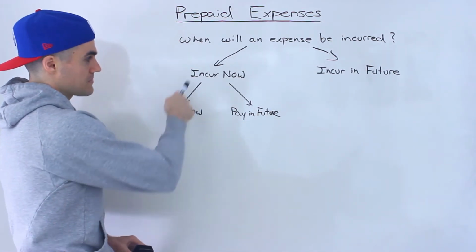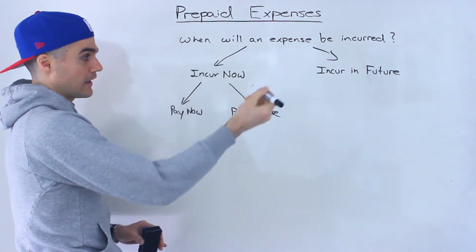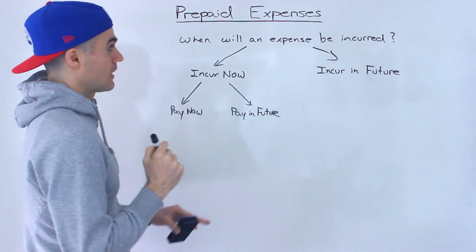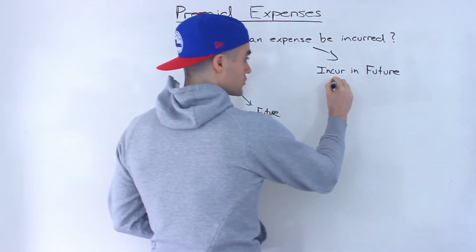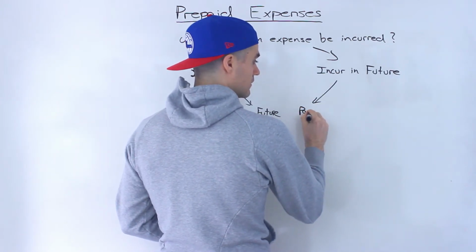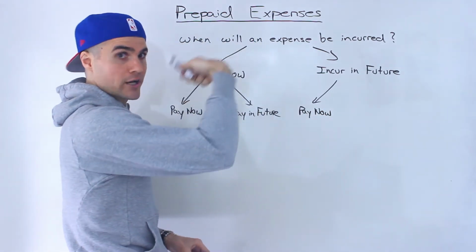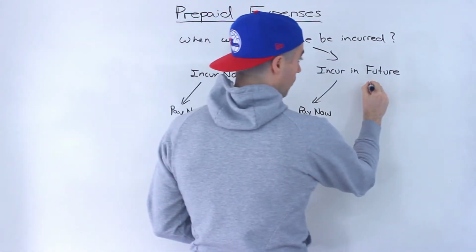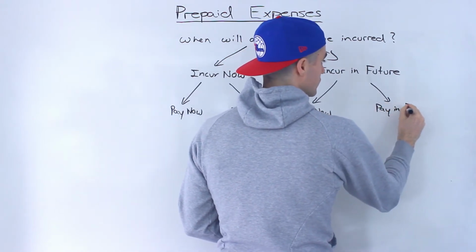Either you pay for the expense now that you incurred, or you pay for the expense that you incurred now in a future period. And then if an expense is incurred in the future, well, there's two possibilities for this as well. Either you can pay now for that expense that you're going to incur in the future, or you can pay in the future.